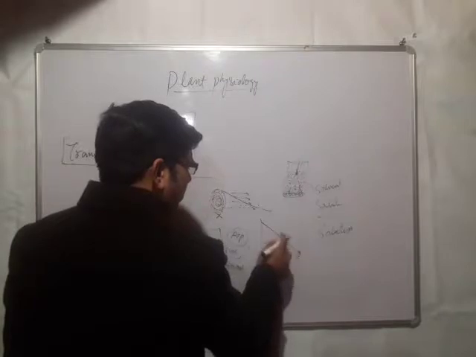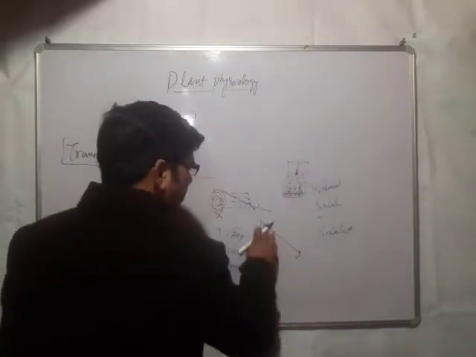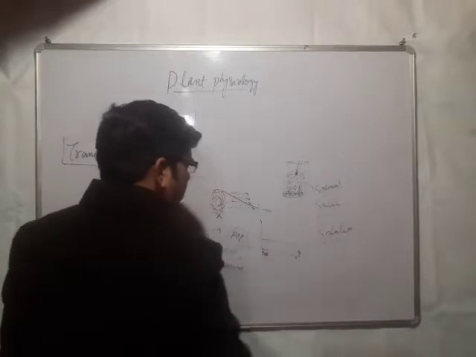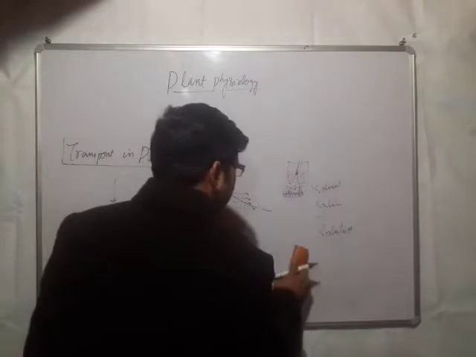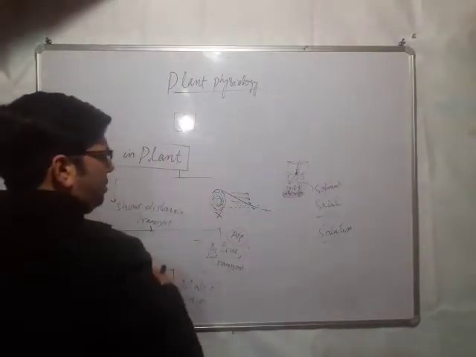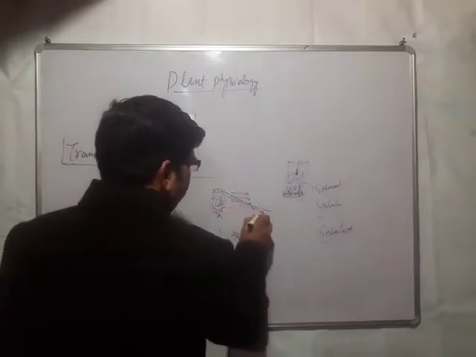But with passage of time, the concentration graph becomes like this. It is equal. So the concentration gradient is formed basically, and this movement of this particular chemical goes across the concentration gradient.